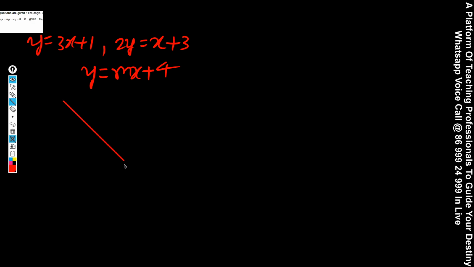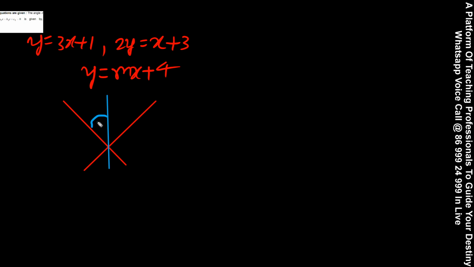This is one line given. This is another line given. The required line is this one, which is equally inclined, please. Equally inclined means this angle is theta. This angle is also theta. Its slope we don't know. Its slope we know is 3. Its slope also we know. It is 1 by 2. Just see.